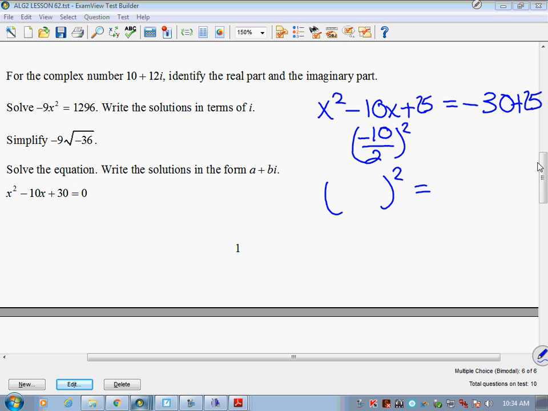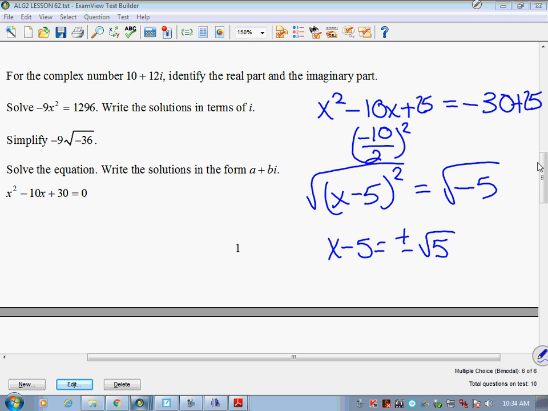Negative 5. Okay, I should get x minus, in here, right? x minus what? 5. Okay, what do I want to do with both sides? Square root. As I do that, what goes out in front of the square root on the right-hand side? Plus or minus the square root of negative 5. Okay, what can I take out of that square root on the right-hand side?